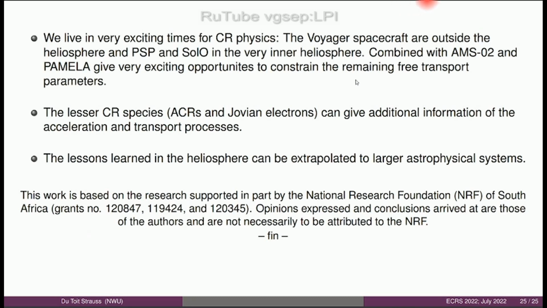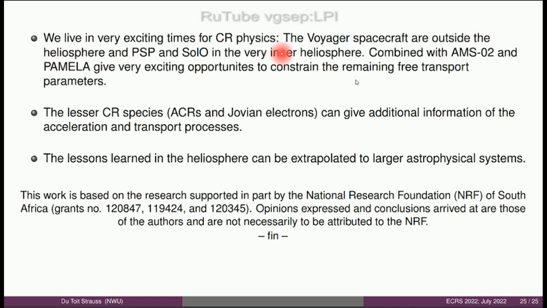So that's already the summary. If you're doing cosmic ray physics in the heliosphere, I think the astronomers and astrophysicists feel the same at the moment. It's really a very good time to do this kind of analysis. We have a lot of spacecraft observations, and very unique spacecraft observations that we are not going to get at least in the next 50 years.